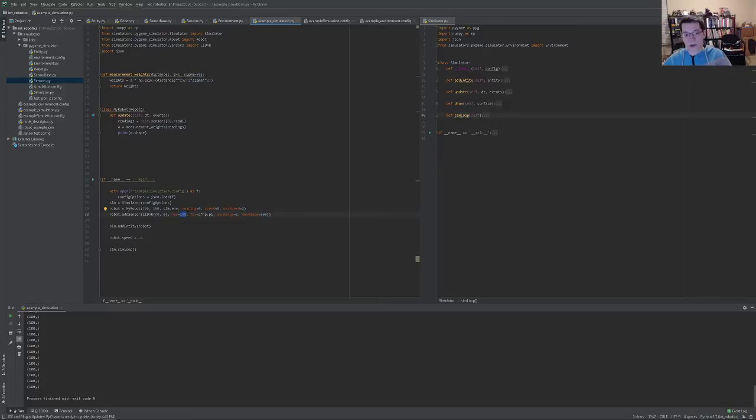That's because of how I wrote it. The resolution is the number of elements in the array. Makes sense, I hope. But it's also spread across a field of view of 2 times pi. Well, that's a full circle.